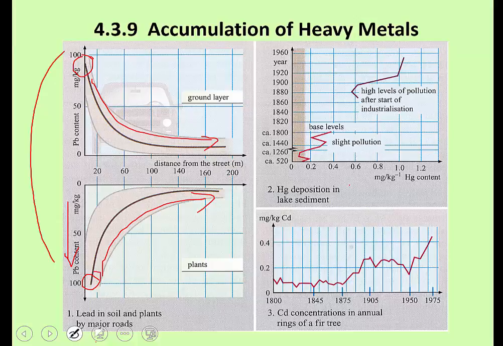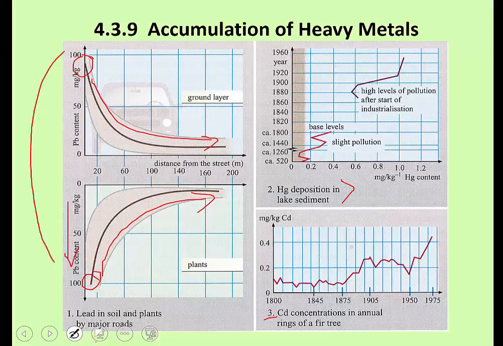Number 2 is showing mercury deposition in sediment under lakes. So what's settling out into the mud and the detritus in the bottom of a lake. And this one and number 3 kind of are indications. Again, these are all things that have happened since the industrial age. So these are not natural sources.